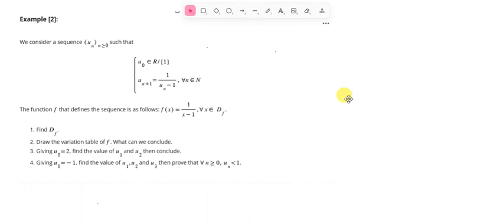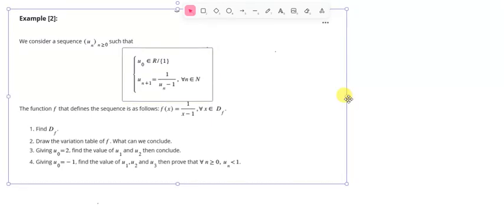This example is a second type of problems with the existence of the elements of the sequence, the recursive sequence. So we have first the sequence defined by u0 that belongs to R except for 1, and un plus 1 which is equal to 1 over un minus 1.